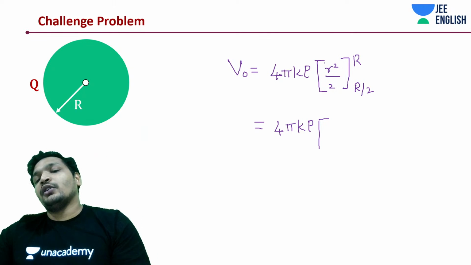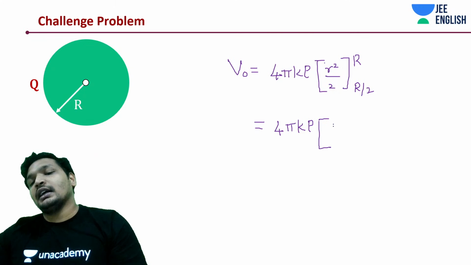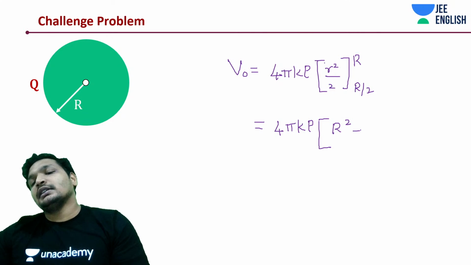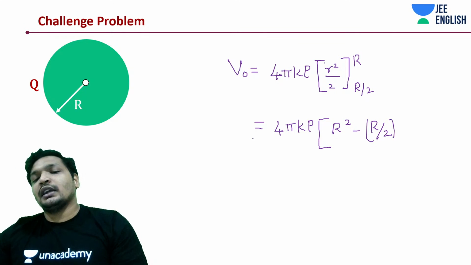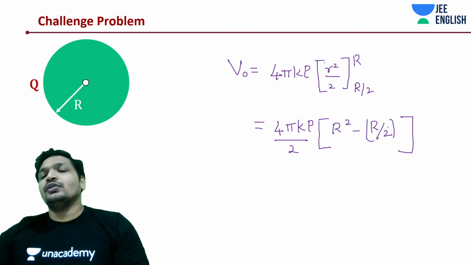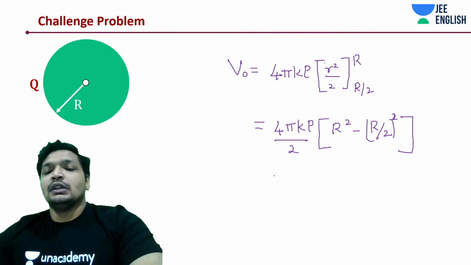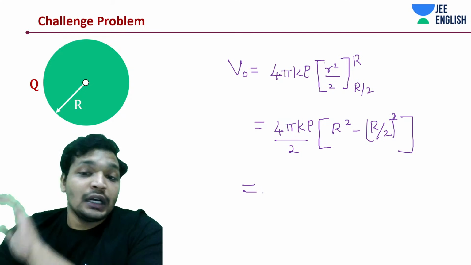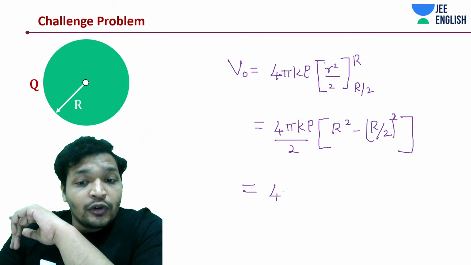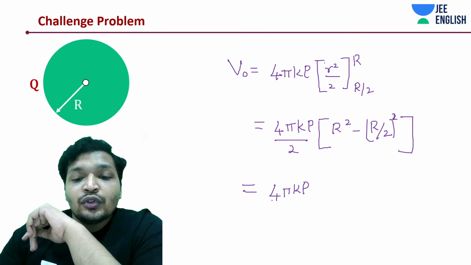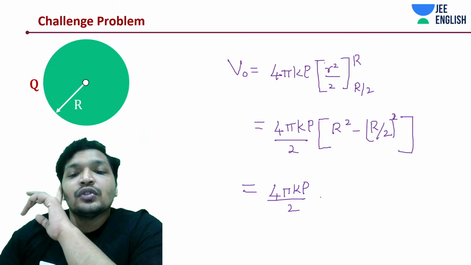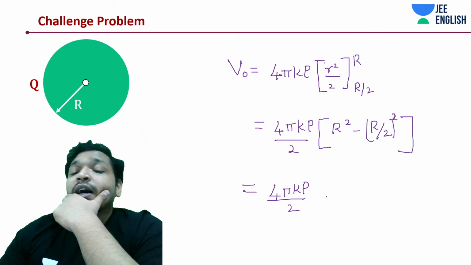That is going to come out as something like r square minus r by 2 whole square. I'm taking 2 out as common, and there we go. Think about an easier way of doing it.